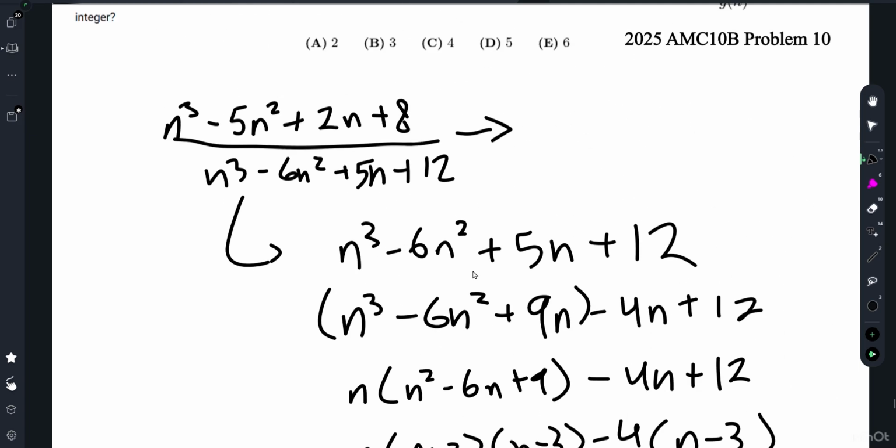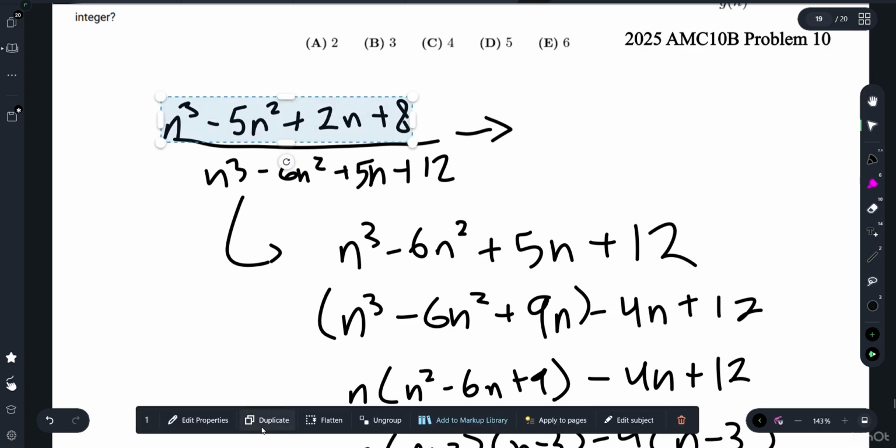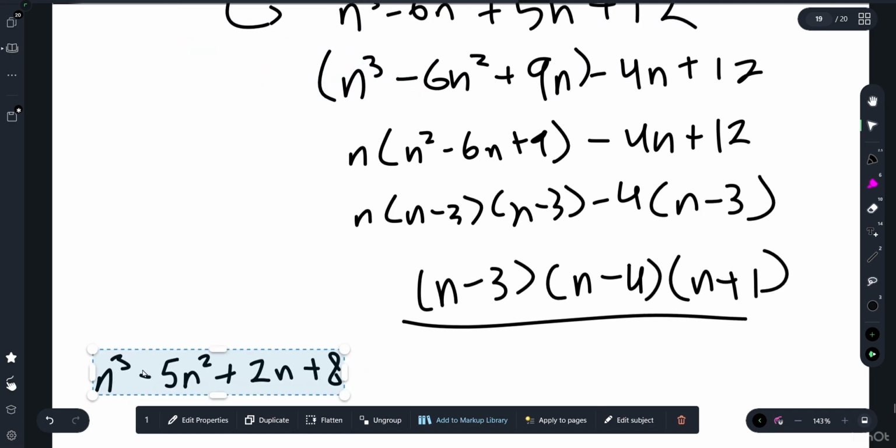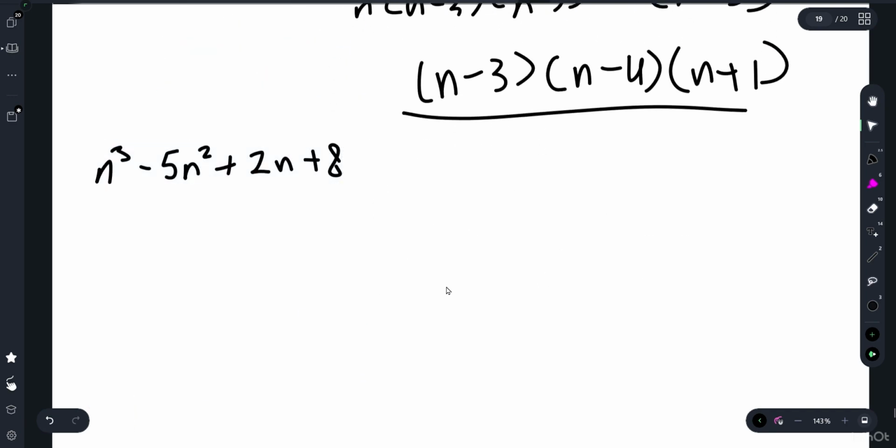But now let's take a look at the top. Let's take what we have here and bring it down. So we want to simplify this too. Well, what's one way we can simplify it? Let's try to get some of the same terms so we can cancel out some things.